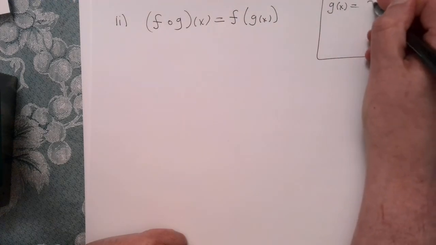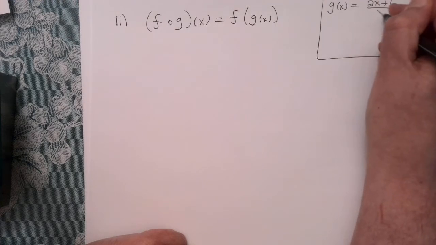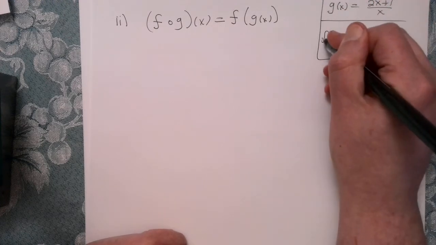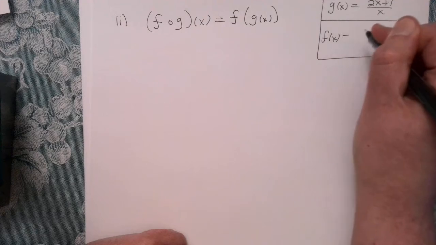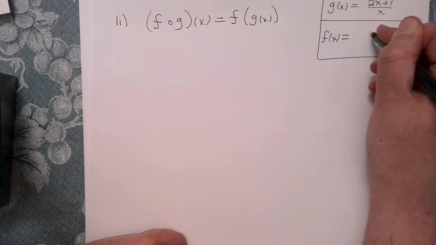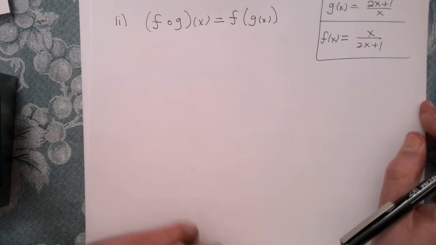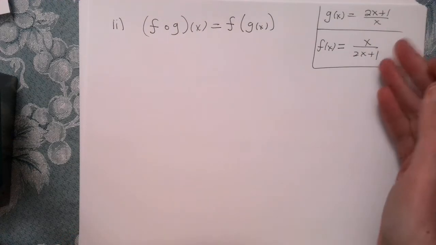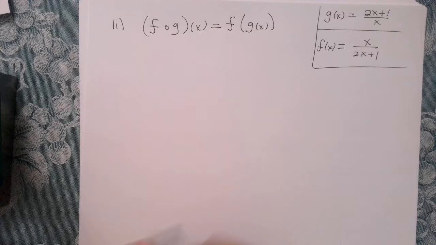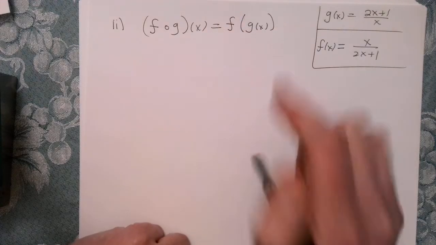So G of X, we said, I think was 2x plus 1 over X. And then F of X, we said, was X over 2x plus 1. So it looks like they're reciprocals of each other. Not inverses, but reciprocals.